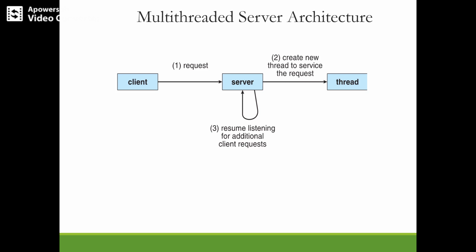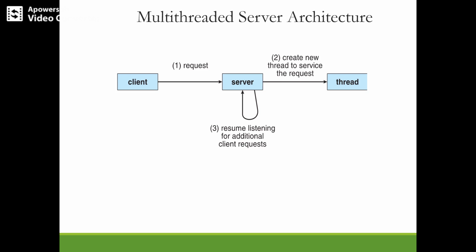Here you can see a multi-threaded server architecture, where a client requests some information from the server. The server can create a new thread to service that request. Let's say the client has opened a browser and wants to search for some information. That request will be sent to some database servers, and if the server can locate the response, it creates a new thread to service that particular request, and then resumes listening for more requests from the client.